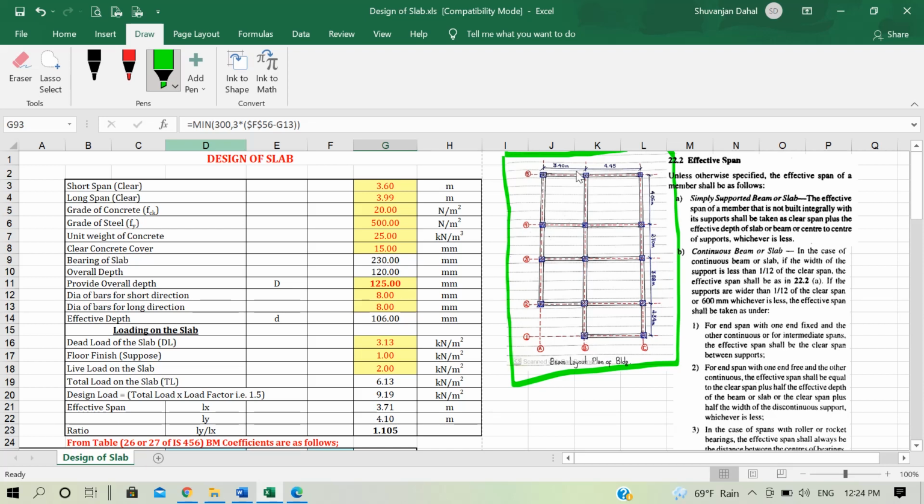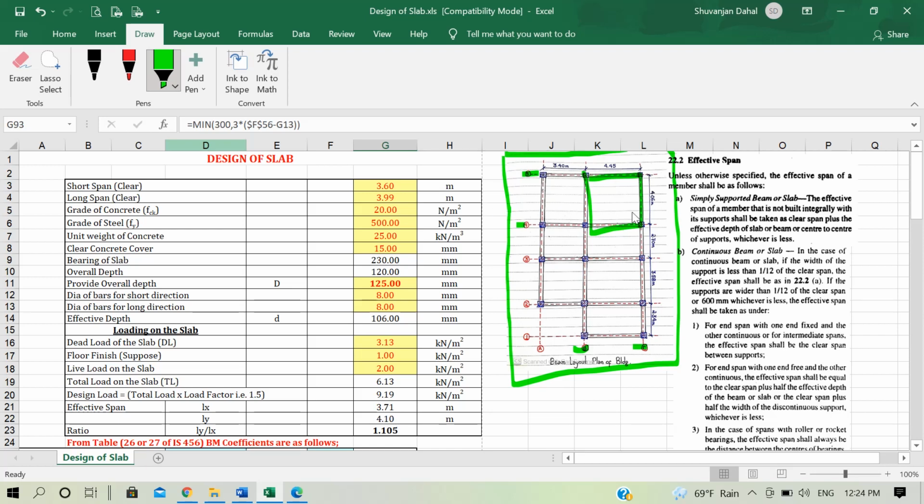We can see here that our slab panel lying in the grid BC and 4-5 was our critical slab. In this critical slab, the larger dimension, the center to center dimension, is 4.45 meter and the shorter dimension is 4.06 meter. So this was our critical slab.